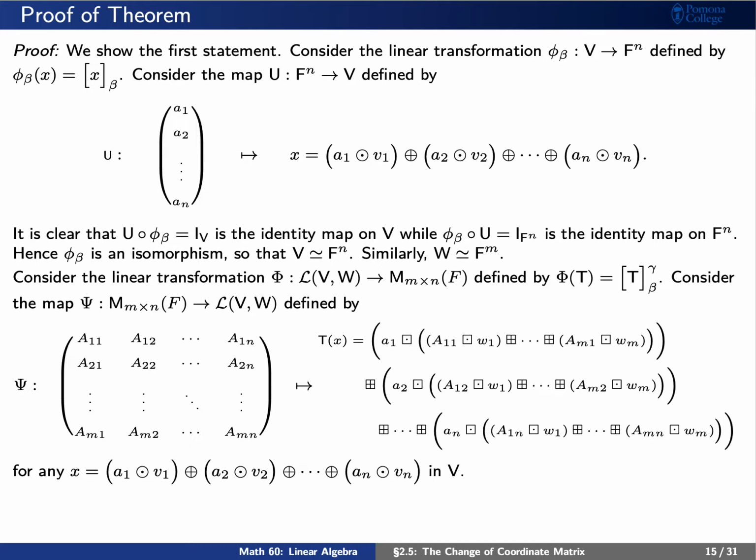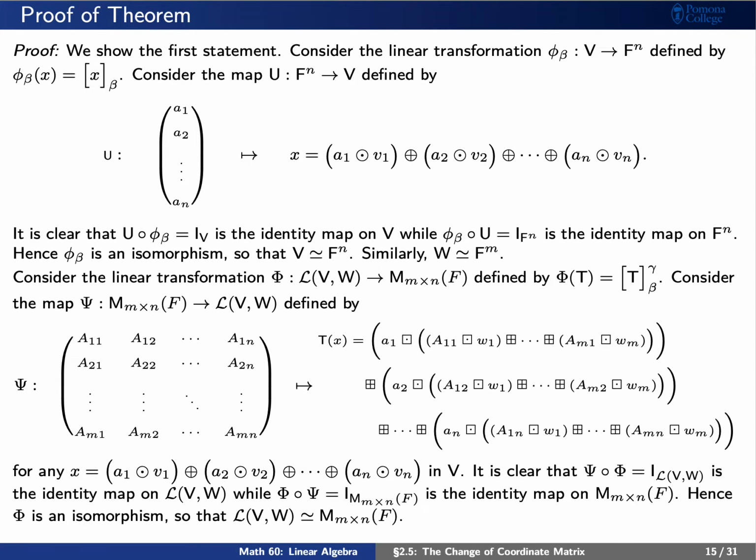Simply put, if we're given an m by n matrix, then we can express this as a collection of linear combinations, by just writing things in a clever way. It is clear now that this psi is the inverse of our map phi, and therefore we see that our map phi, that is the map from L(V,W) to the collection of m by n matrices, is an isomorphism of vector spaces.